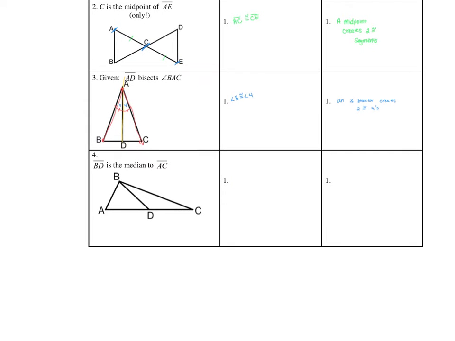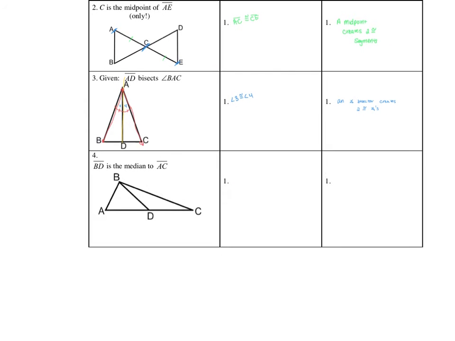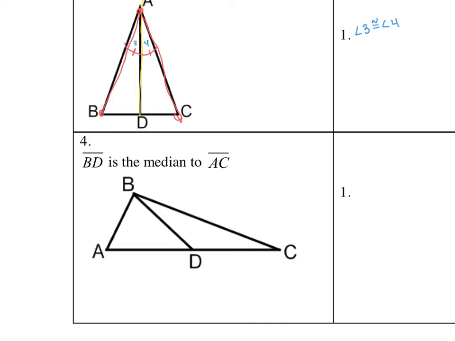Let's go on to our next example. BD is the median to AC. So if I look, median is my keyword. I'm saying BD is the median. So I'm sort of chopping AC in half. So what two segments on AC can I say are congruent to each other?